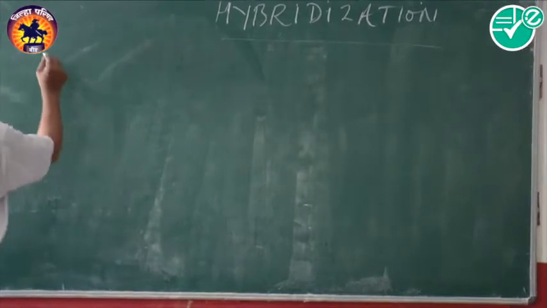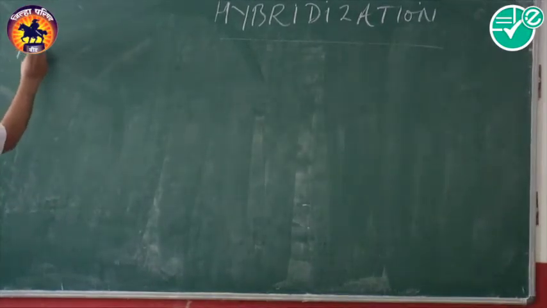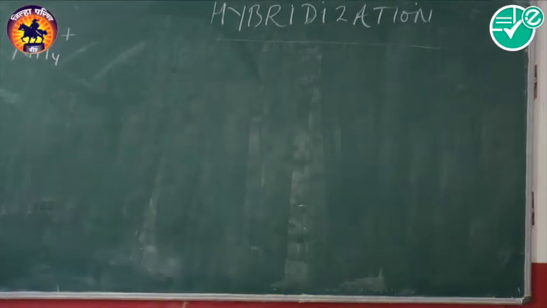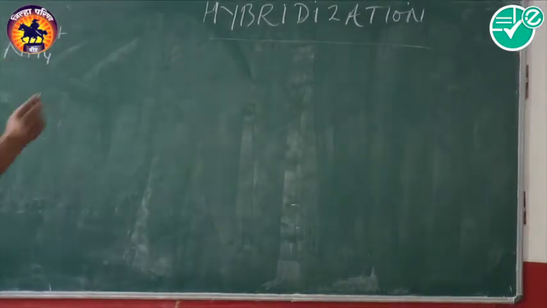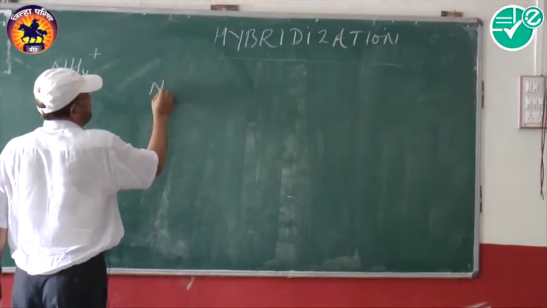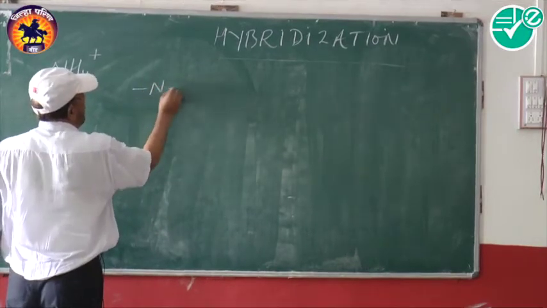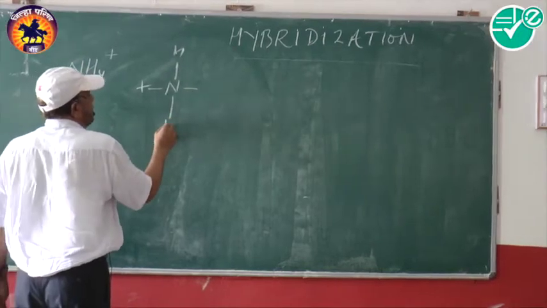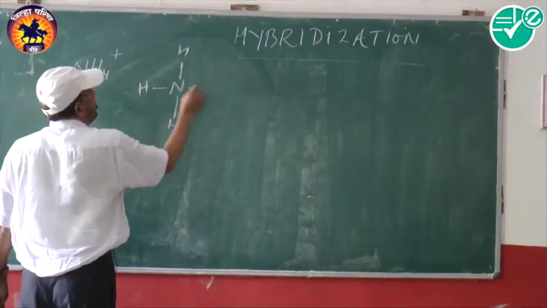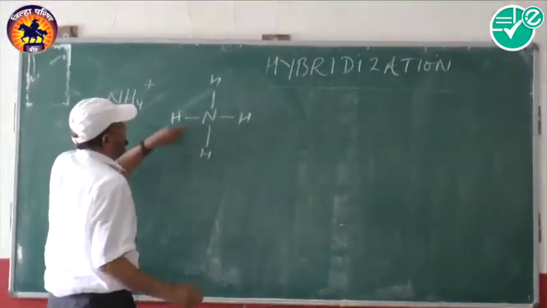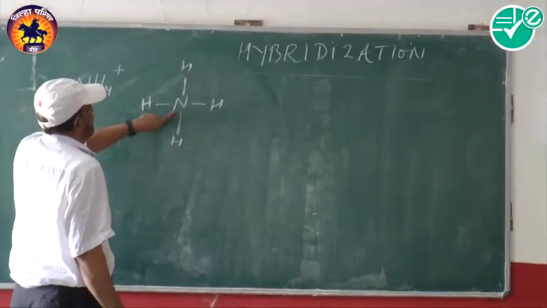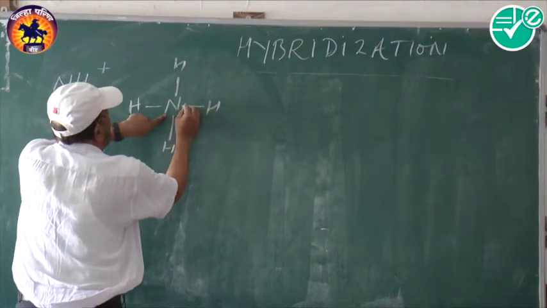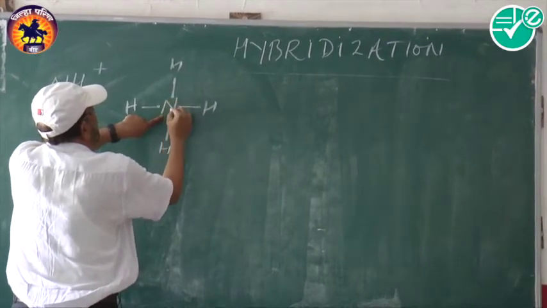For example, this is your compound NH4 plus. In this compound, nitrogen is the central atom and there are four bonds. N belongs to group 5, hence there should be 5 electrons, but here there are only 1, 2, 3, 4.